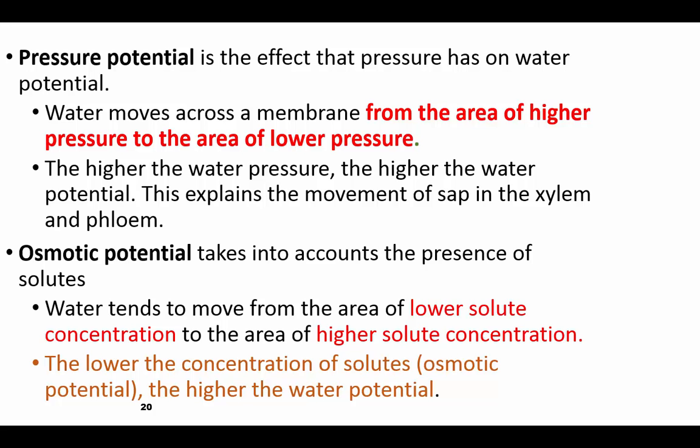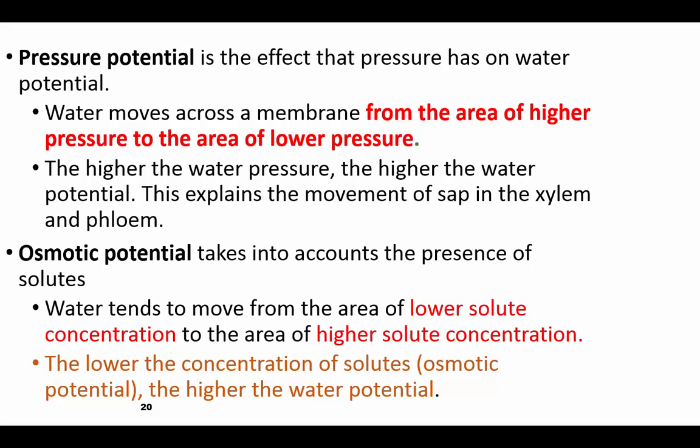Then we look at osmotic potential, and this takes into account the solutes, how concentrated it is on the movement of water. Osmotic potential restricts water movement because the water engages in molecular reactions with the solutes, kind of gets distracted.